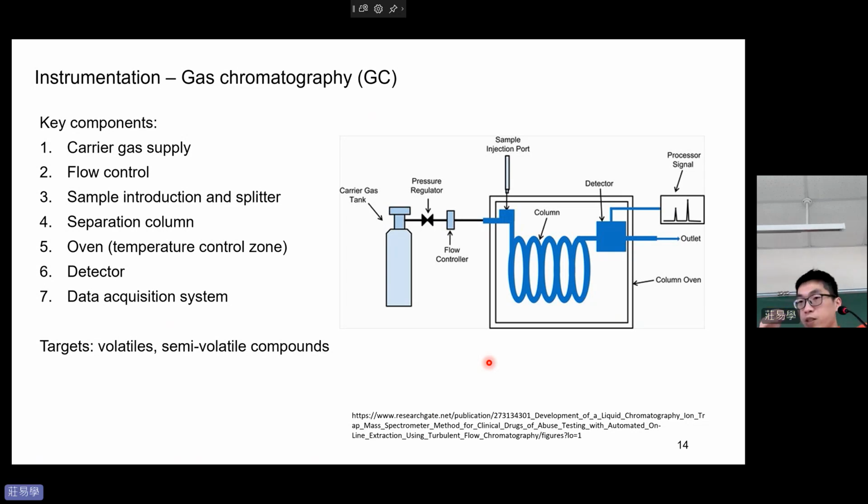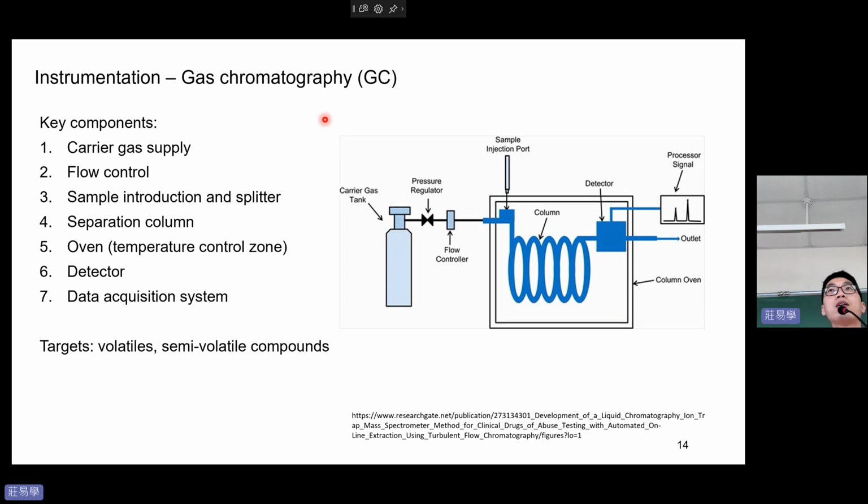From now on, I'll talk about the details and the key components for each chromatography, and how they work. The first one I want to talk about is gas chromatography.